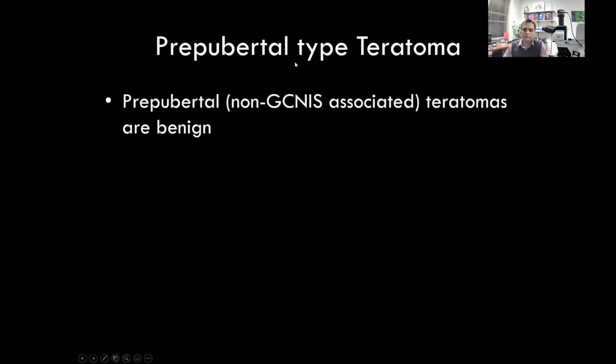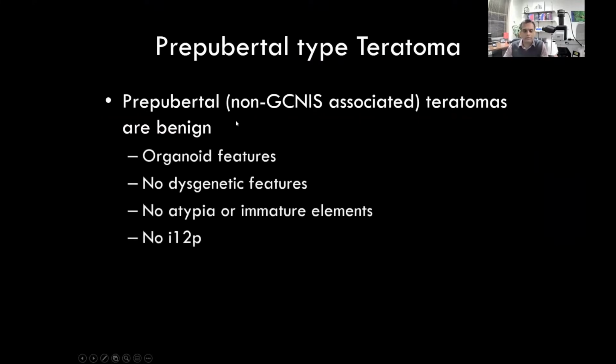And then this concept of prepubertal type teratoma and postpubertal type teratoma is important to understand. So the prepubertal, as I said earlier, are non-GCNIS associated tumors, and they are completely benign, and they behave in an indolent fashion. So they typically have organoid features, okay? So partially formed organs, and I will show you some examples.